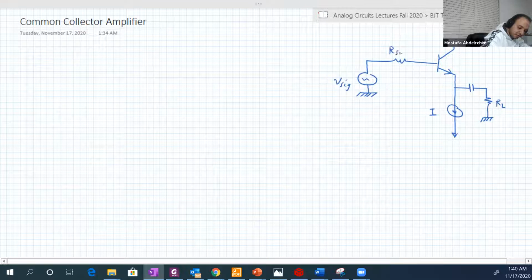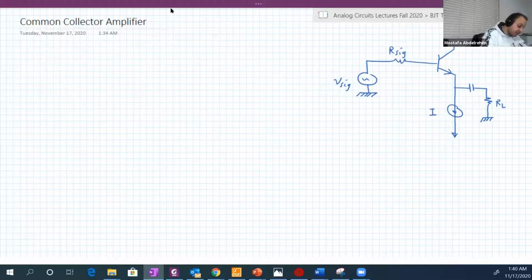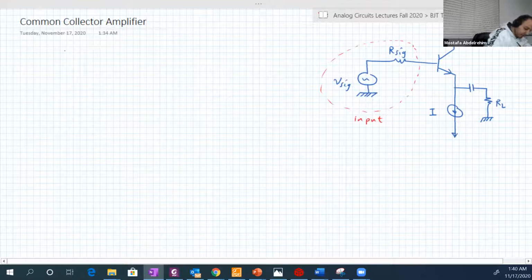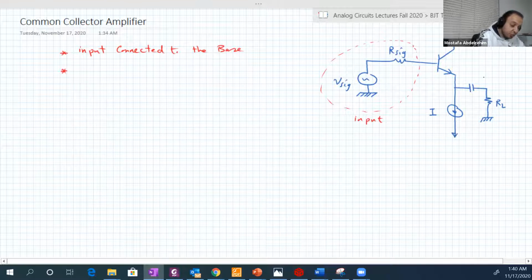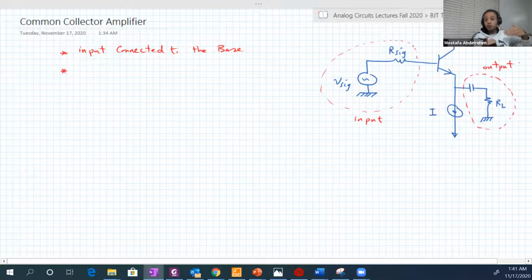So we have here the input at the base. This is the input connected to the base. And here is the output. The output is connected to the emitter.